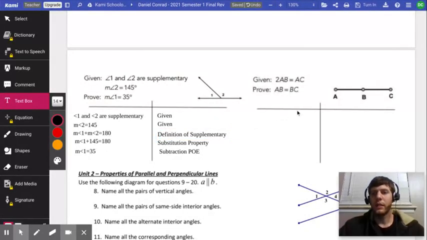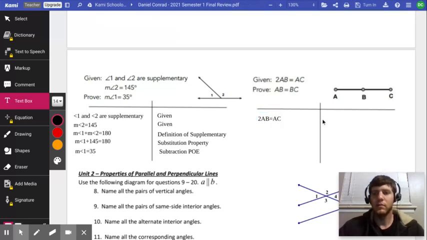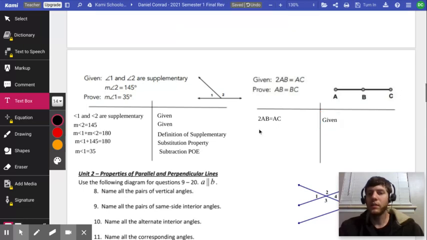Next problem here. We are given that 2 times AB is equal to AC. We have point B between A and C, so we can use the segment addition postulate.